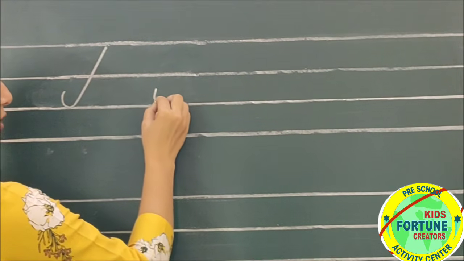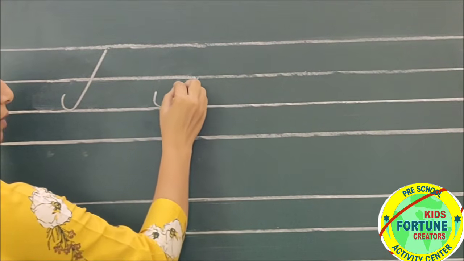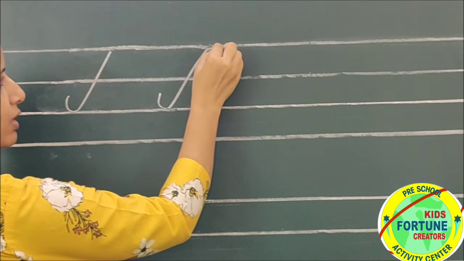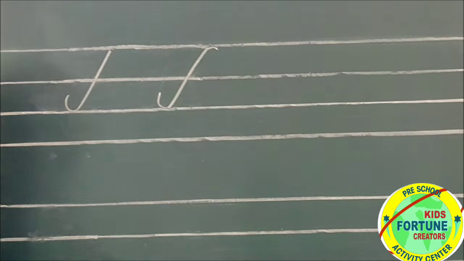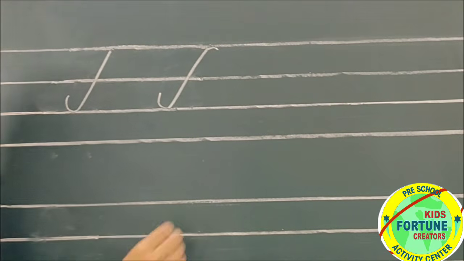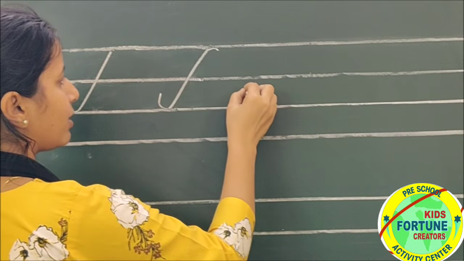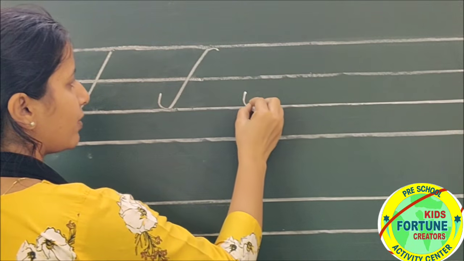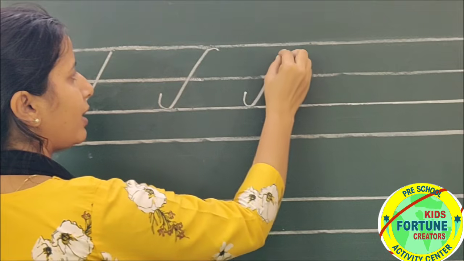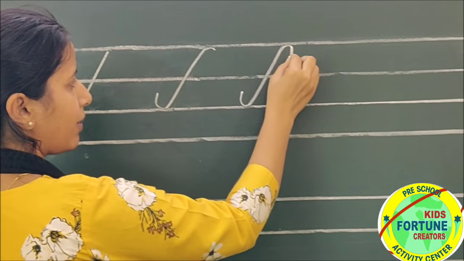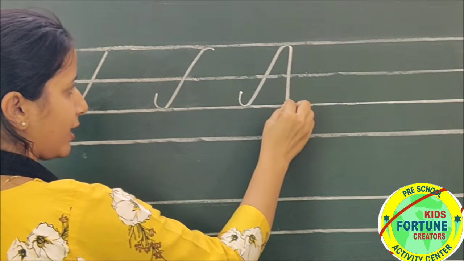make a down curve, go up with a straight line, small curve. This is second step. Go down curve, make a straight line, small curve, come back with a straight line.